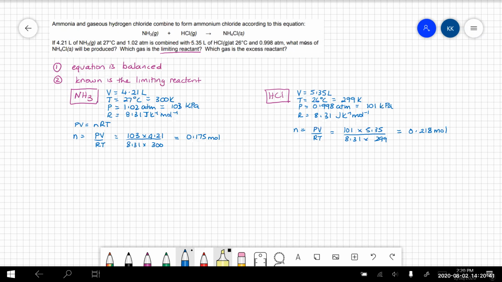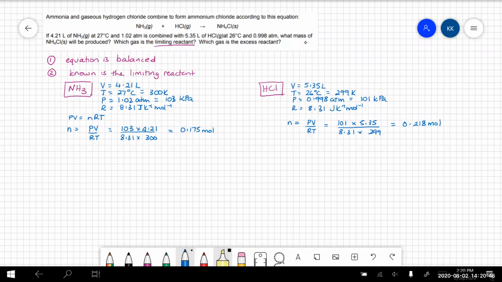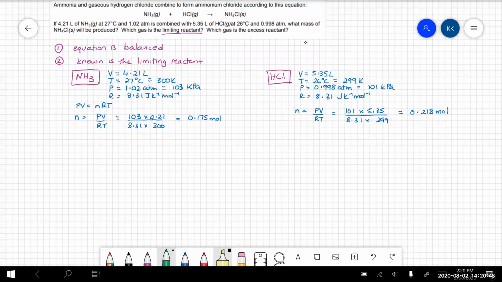Now that we have both the moles, we can compare them. If we look at our equation, what we see is for the ammonia, we've got 0.175 moles. And for the HCl, we've got 0.218 moles. But our equation says they react 1 to 1. And that means this one's going to run out.